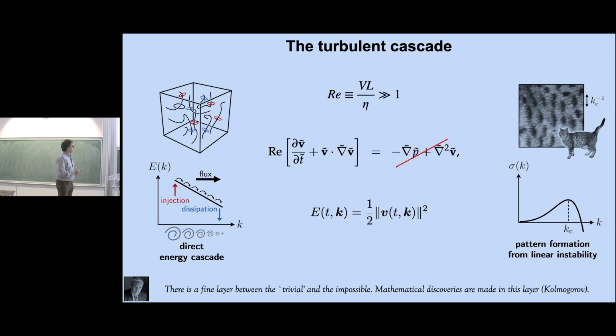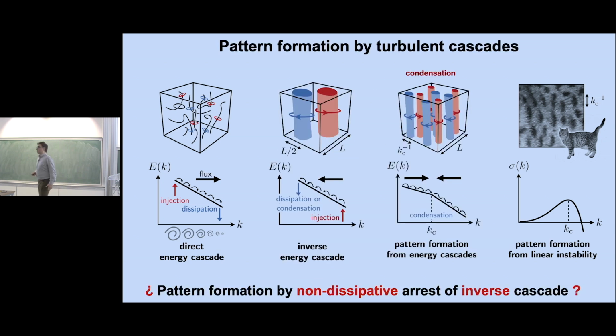Since we have a lot of imagination, how do we imagine that looking? Well, it would be something like this. It would be a direct cascade until an intermediate wave vector, where the direct cascade a la Kolmogorov is arrested, and below it, there would be an inverse cascade, with an arrow for the flux pointing up.